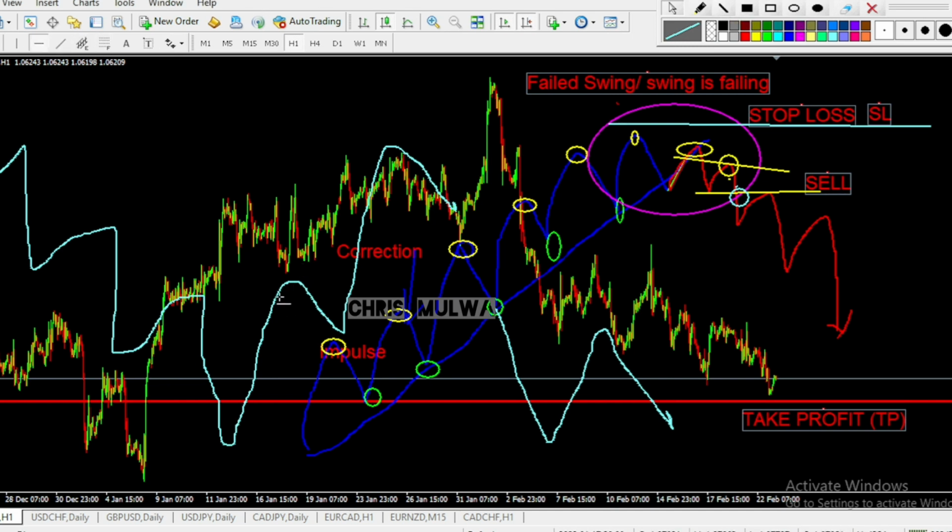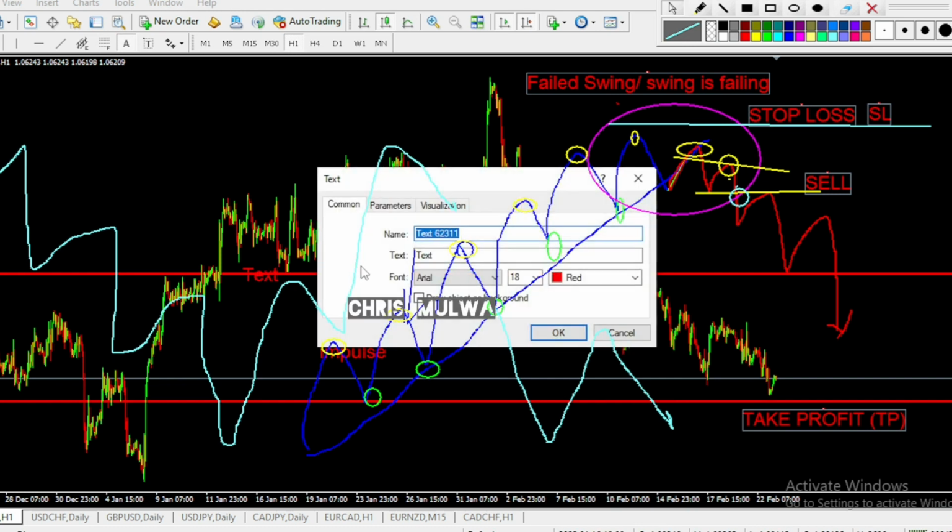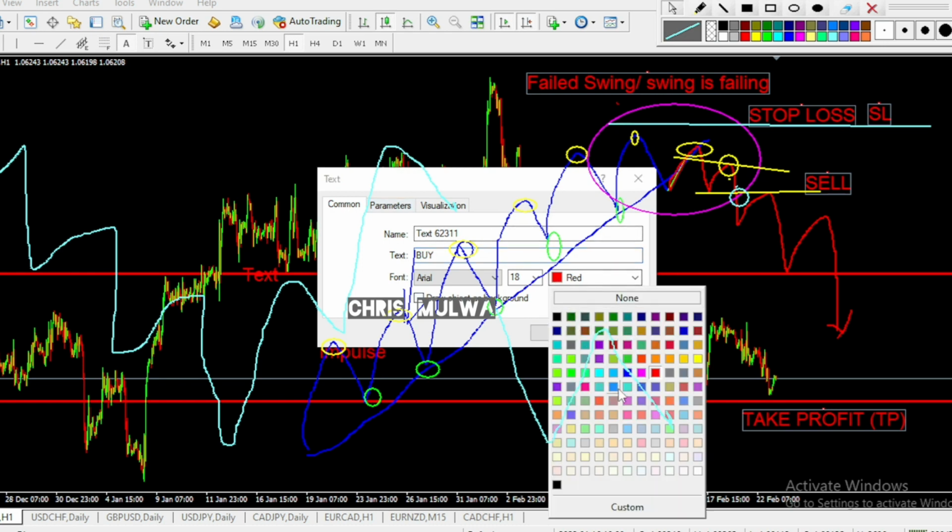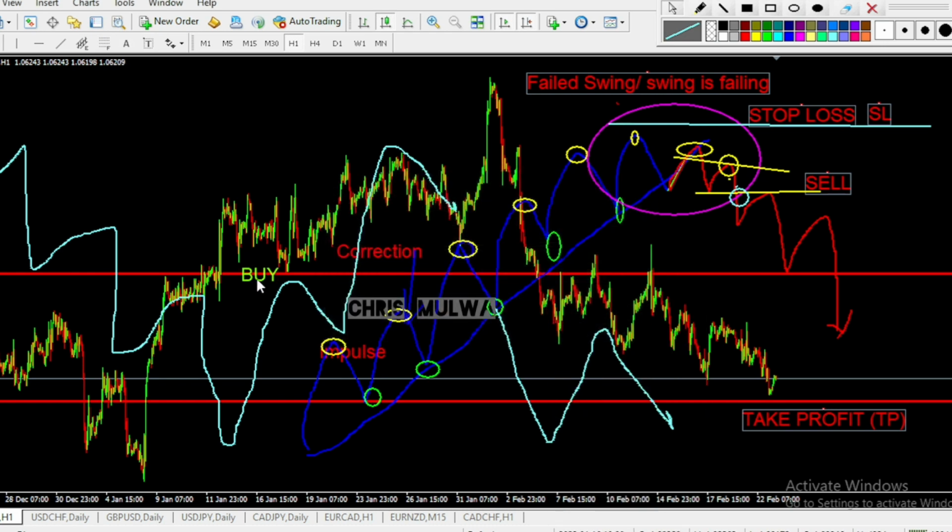We shall place our buy just there. So that is as simple as a failed swing. That is the simple strategy we use in failed swing.